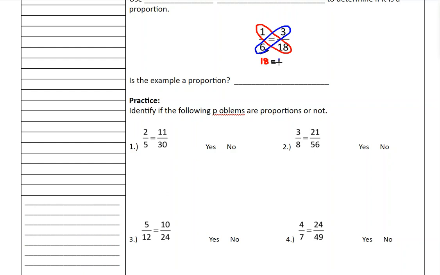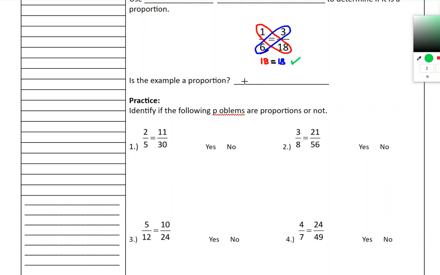6 times 3 is 18. You'll notice that when I was finished with my cross multiplication, I get two values that are equal to each other. 18 is in fact equal to 18. So if the two numbers, when you're done cross multiplying, are equal, if you get a true equation, then it is in fact a proportion.